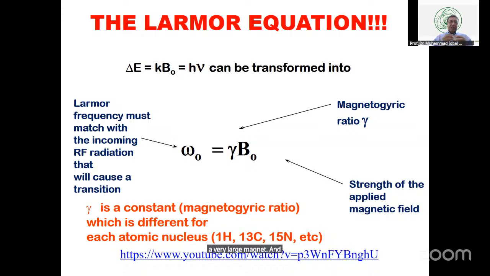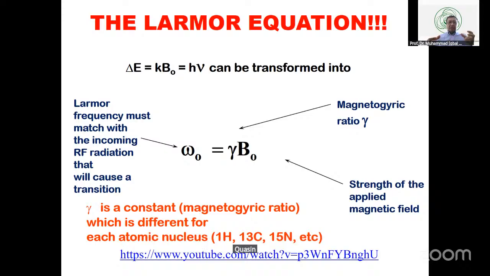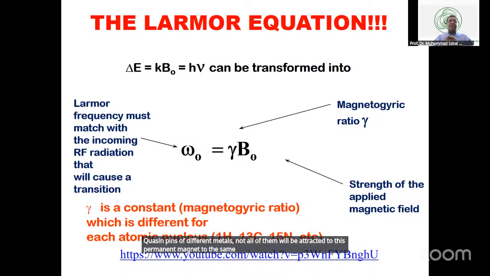And every element would have a different susceptibility towards a large magnet. I gave you an analogy that if you have a permanent magnet and coins and pins of different metals, not all of them will be attracted to this permanent magnet with the same intensity.